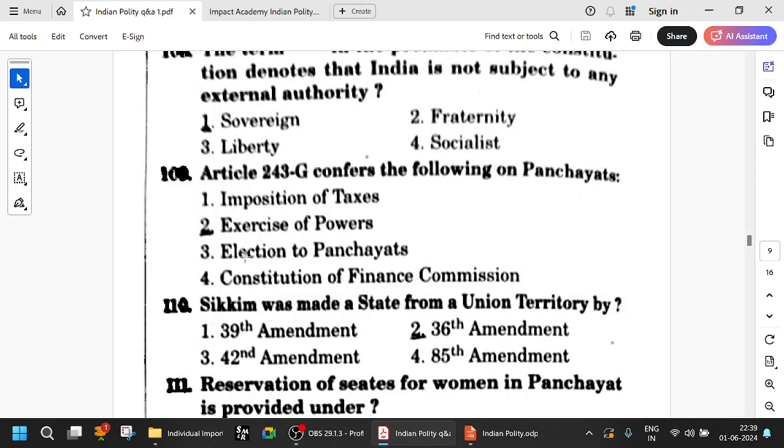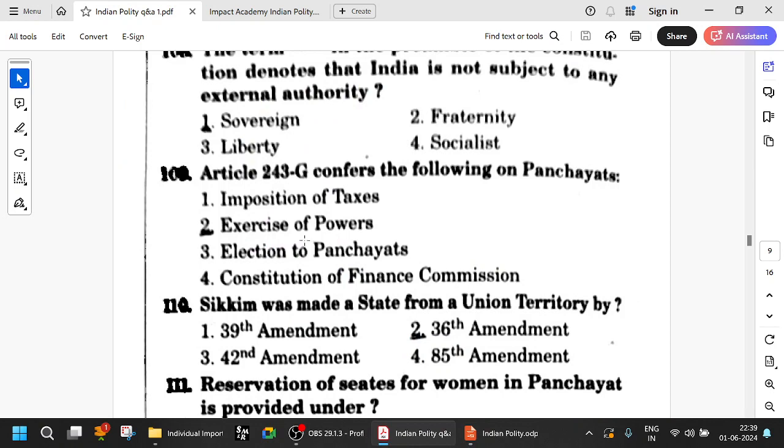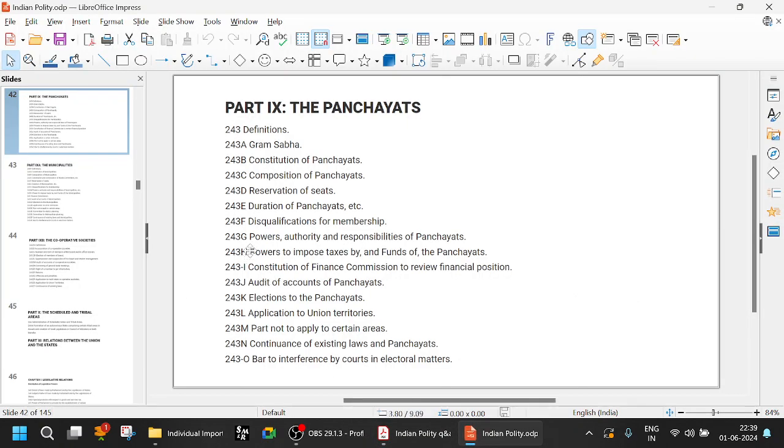Election, we've seen election is D, right? No, election is K. Remember that K is elections of the panchayats. Next, imposition of taxes. We've seen H, I believe. H is taxes, to impose taxes.